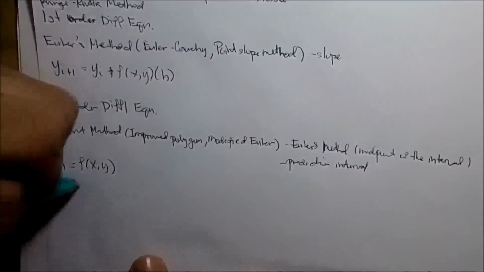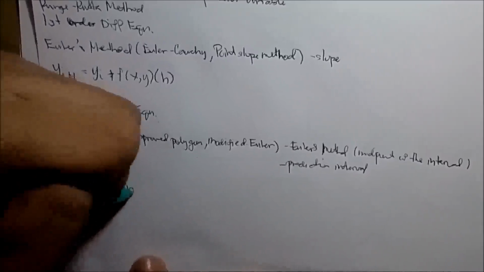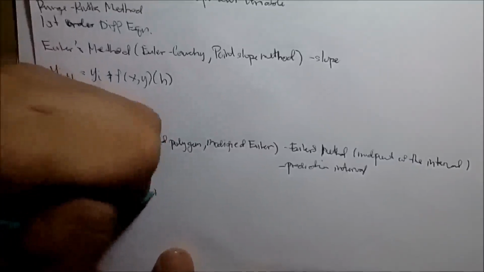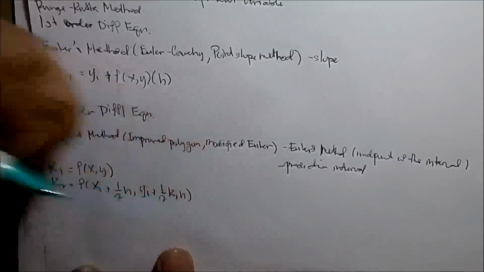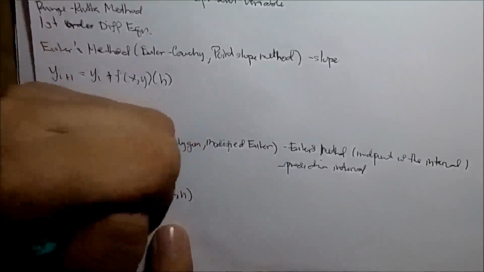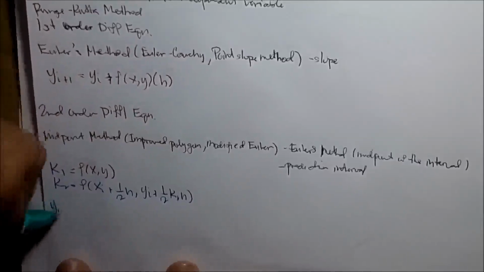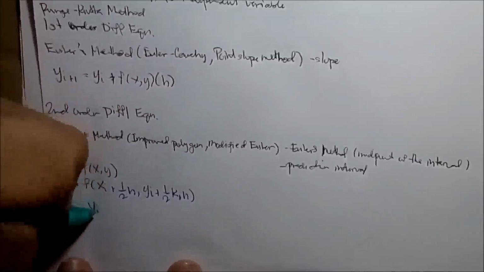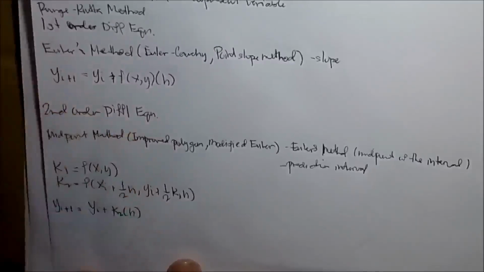K2 is f of xi plus 1/2 h, where h is the step size, yi plus 1/2 k1 h. This is the k1 and h is the step size. Thus, in determining the yi plus 1 equals yi plus k2 times step size.